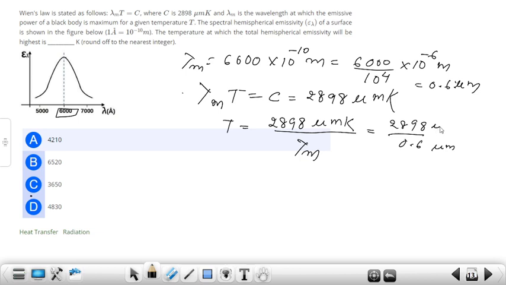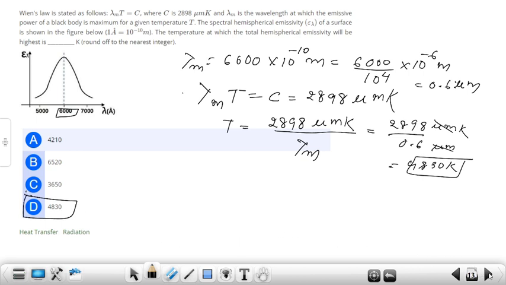The micrometer cancels, and 2898 divided by 0.6 is 4830 Kelvin, which is option D, the correct answer. And this was a question on radiation heat transfer.